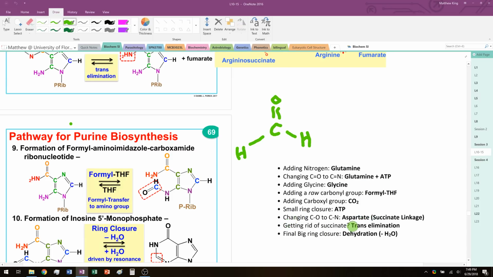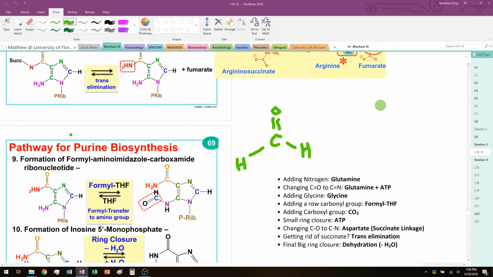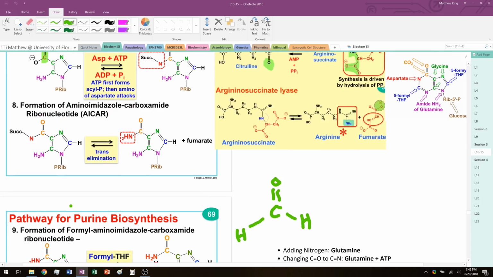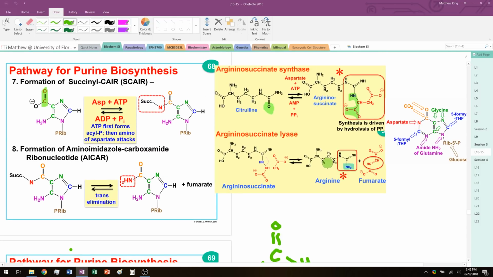And then getting rid of succinate, just remember that was a trans-elimination. We can see it a little bit up here. We got rid of this succinate up here in the corner by the trans-elimination, and that's how you kick off fumarate. And remember the urea cycle. Once again, the urea cycle was really instrumental in learning how this works. That's the first time we ever encountered it.